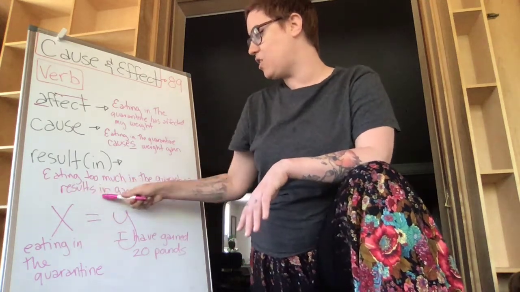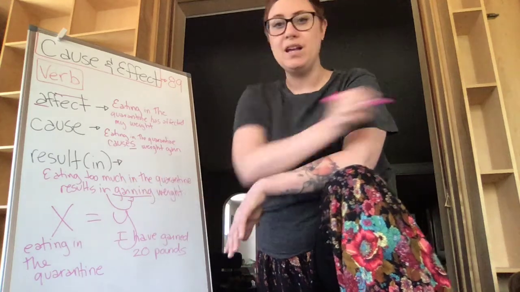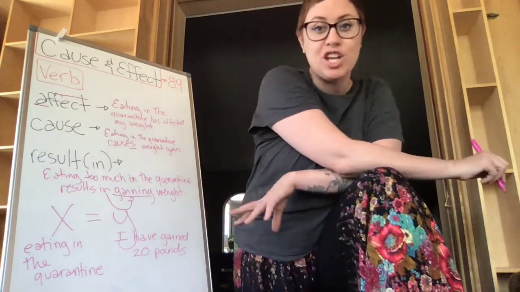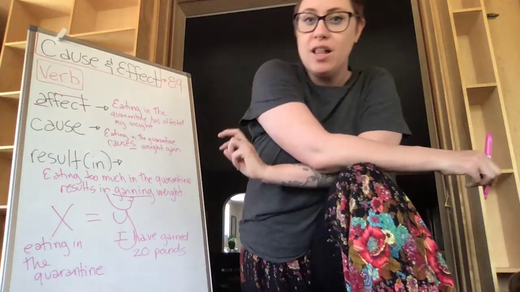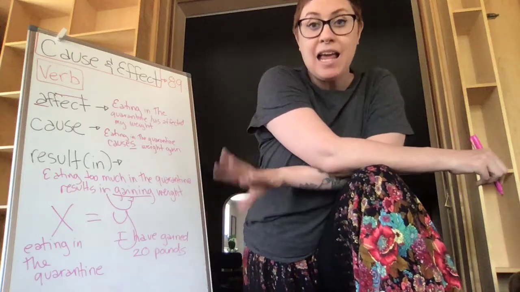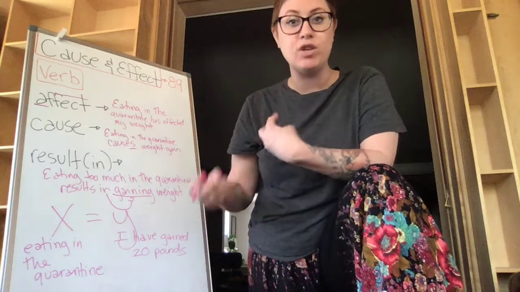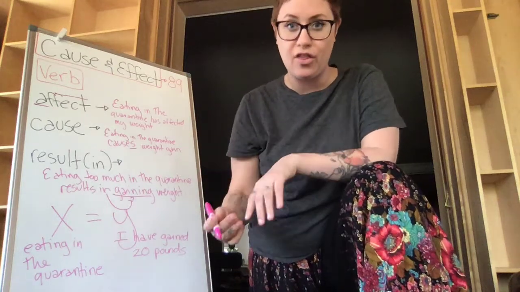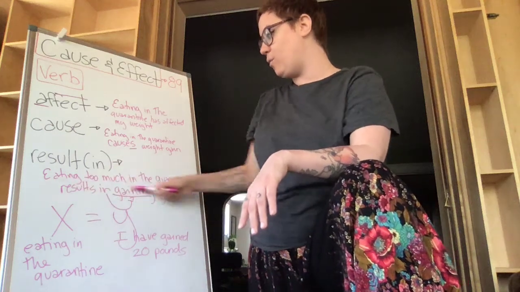So here we have results in, and in this case, the verb is the object of the preposition, so we're going to put that in ing. So remember, the best way to improve your speaking and your writing is to remember all the different ways that words in English have relationships to each other. So results is agreeing with the subject.